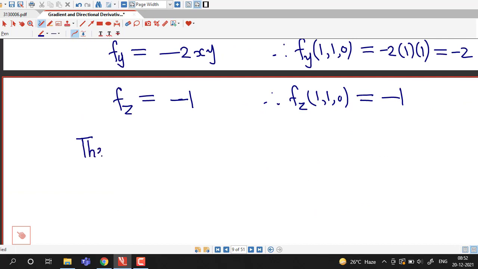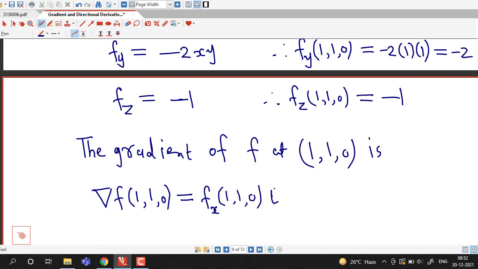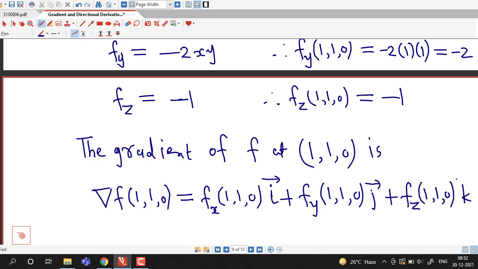So now we can write down the gradient of this scalar function at the given point. The gradient of f at 1, 1, 0 equals the partial derivative with respect to x at 1, 1, 0 times i plus the partial derivative with respect to y at 1, 1, 0 times j plus the partial derivative with respect to z at 1, 1, 0 times k.